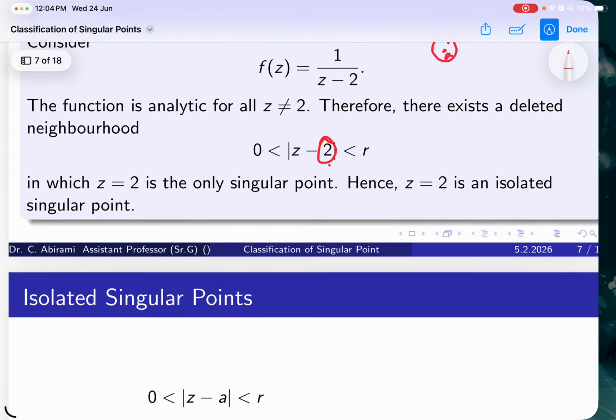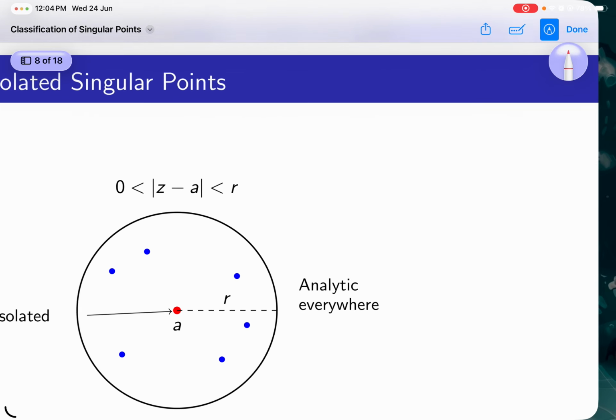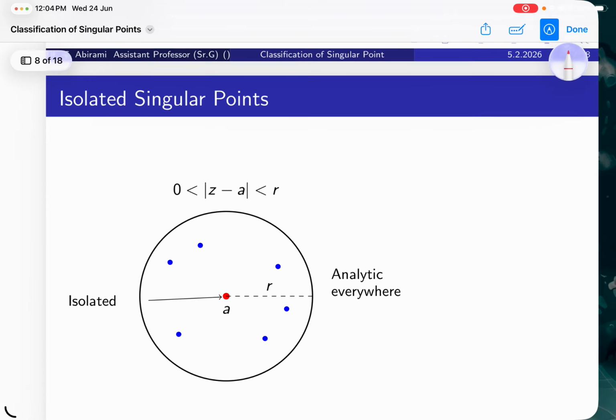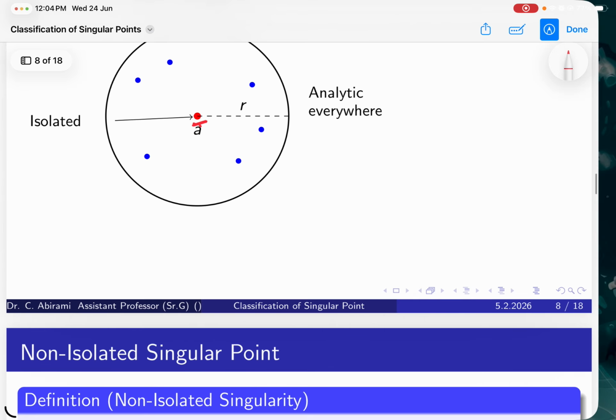Then we can conclude that it is an isolated singular point. This is the graphical representation of an isolated singular point. At this particular point the function is not analytic, and apart from this, the neighborhood should not contain any other singular points. So it is an isolated singular point.